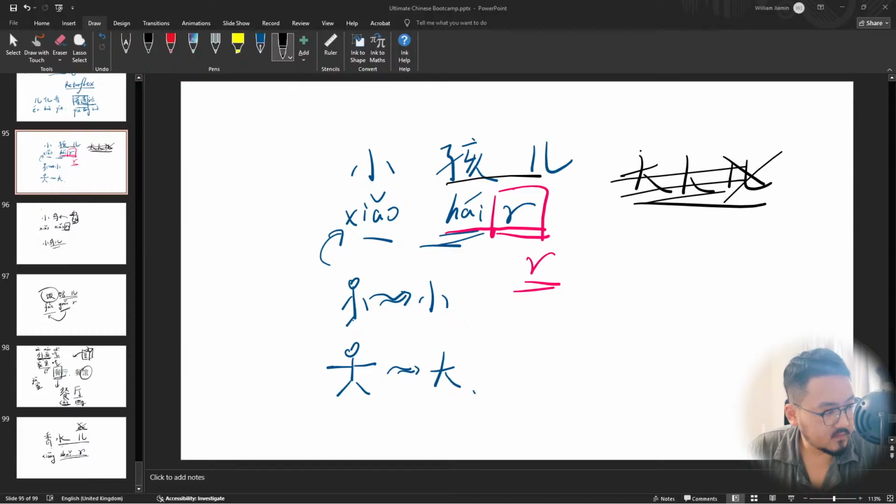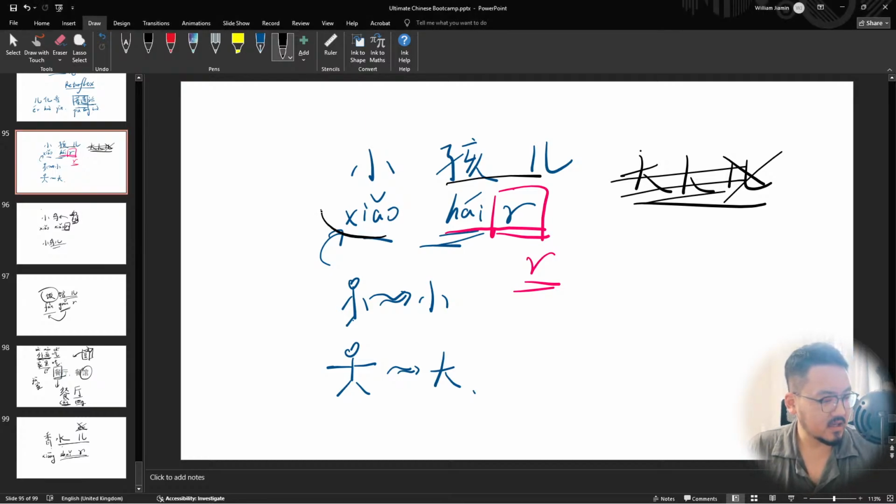So basically the pronunciation has nothing to do with the character. It's like two separate systems, so that's the reason. And to be honest, pinyin is a modern invention. It's not originally there.